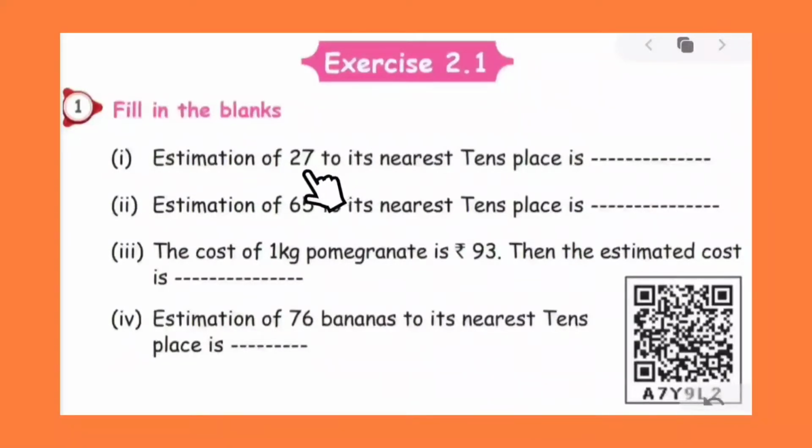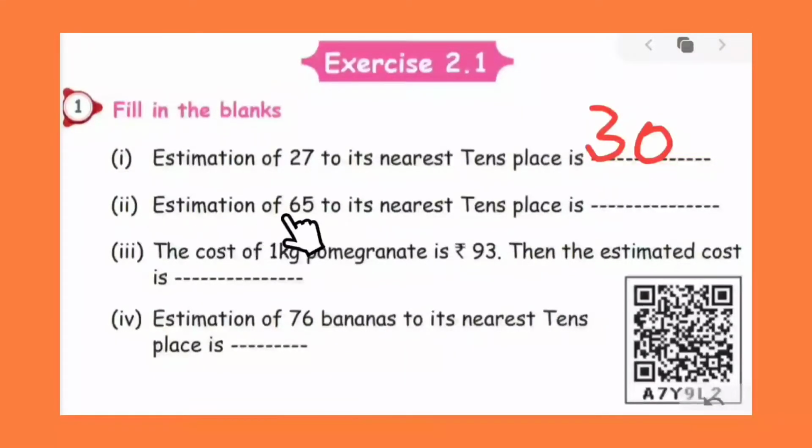So 7 ending means the second group. The tens place value is 2. So 2 plus 1 means we get 3, and then adding 0, the nearest tens place value of 27 is 30.